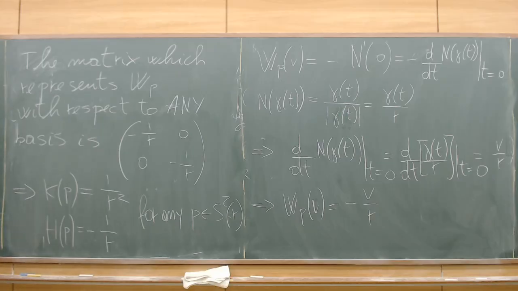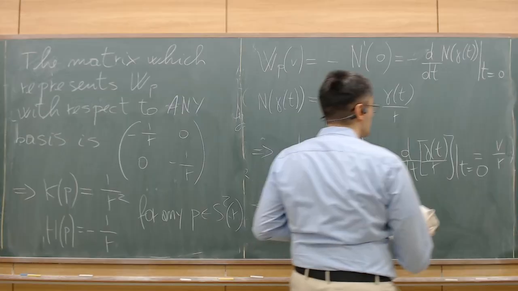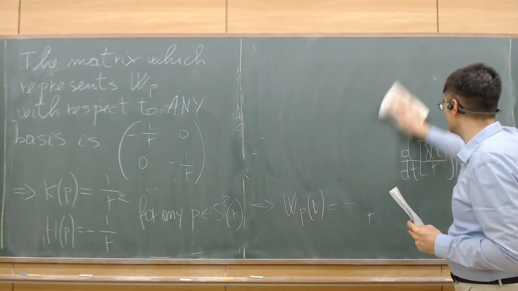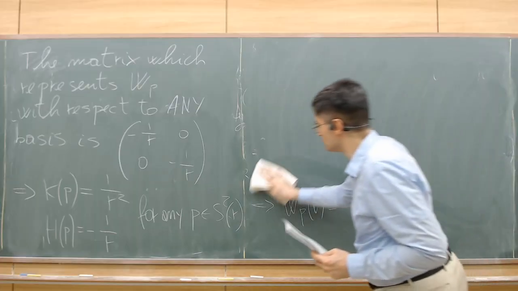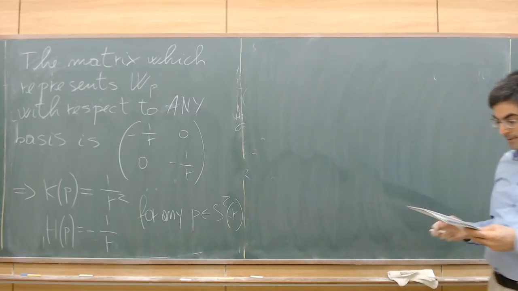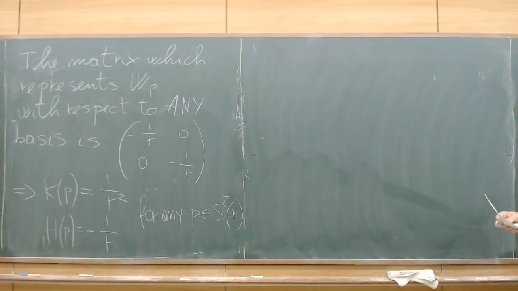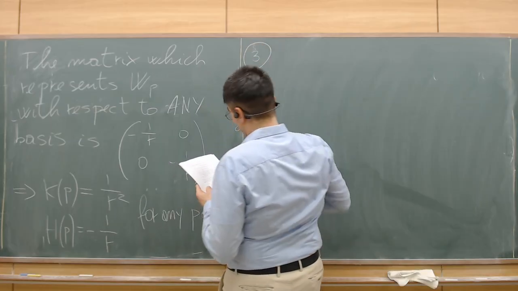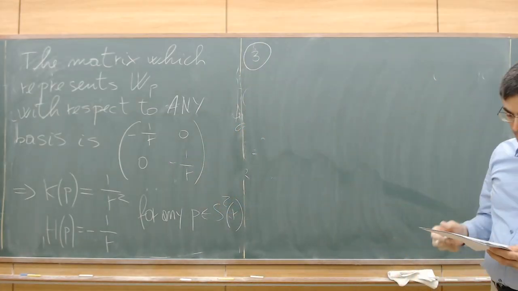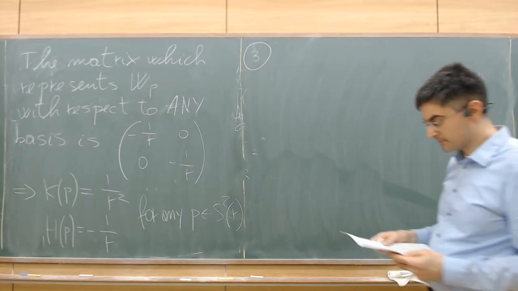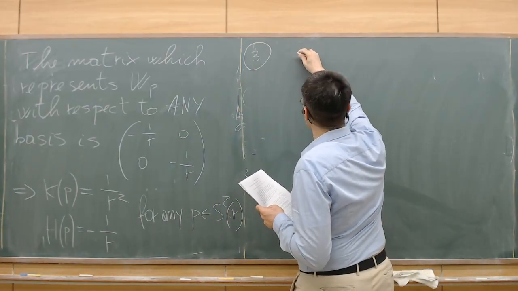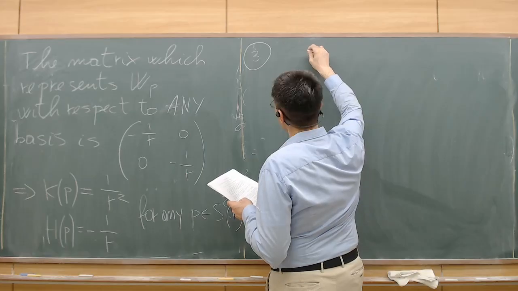Next example is more complicated from the computational point of view, and it's about the Weingarten map of a graph with a critical point.